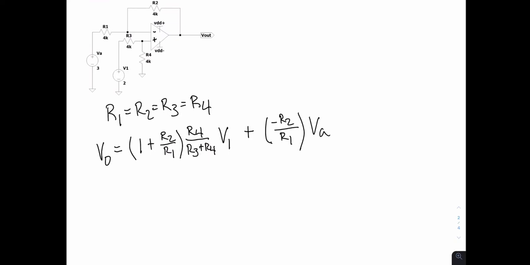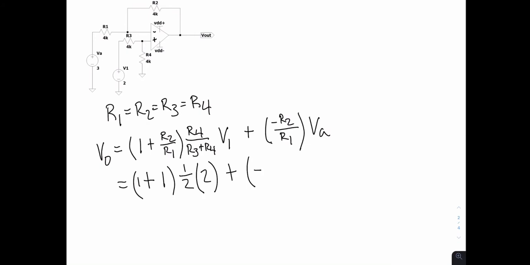Solving for this, you're going to have 1 plus R2 over R1, which is 4K over 4K, which is just going to be equal to 1, times R4 over R3 plus R4, which is going to be 4 over 8, which is just going to be a half, times V1, which is 2, plus negative R2 over R1, which is going to be 4K over 4K.